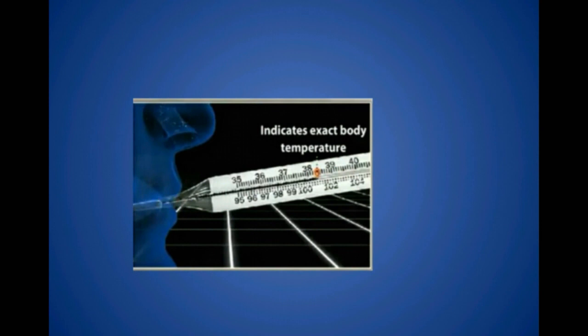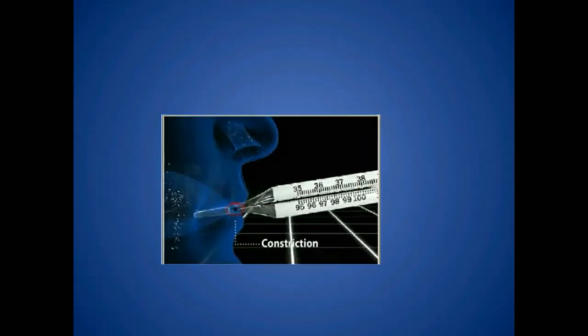Now, you may have one question: when the thermometer is removed from our mouth, does the reading change or not? Certainly not. The reading cannot change. Why can't the reading change when you remove the thermometer from your mouth? See, there is a constriction which prevents the mercury from flowing back into the bulb.